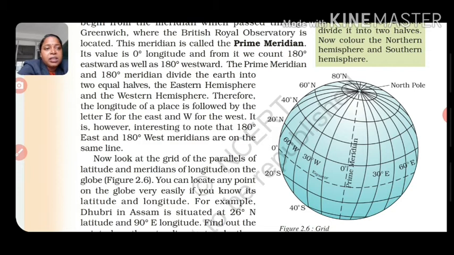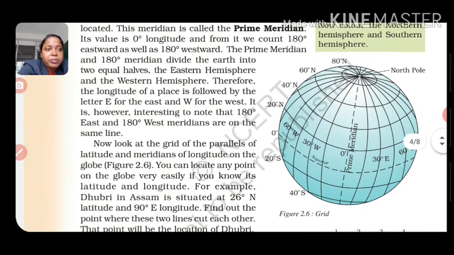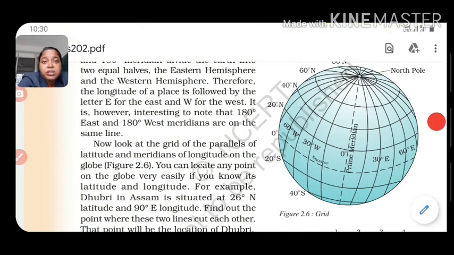So see this figure, figure number 2.6, which describes the main calculation or description of locating a particular area with the latitudes and the longitudes.